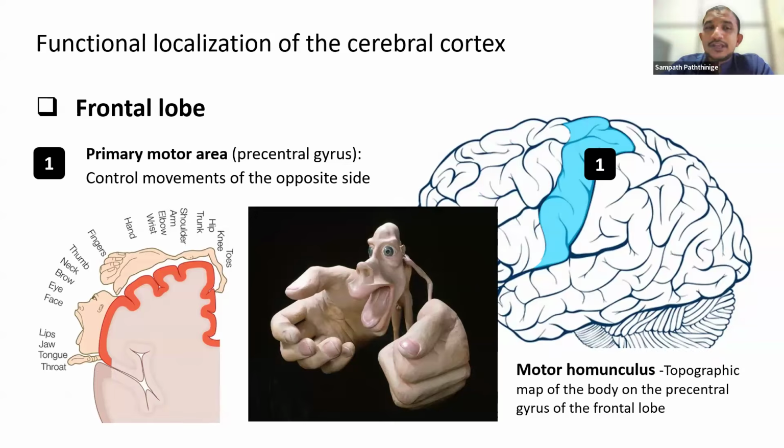An important thing to notice is that the lower limbs are not in the lateral aspect of this cortex. They are towards the medial side. It is like this person is putting his lower limb into the gutter. So the lower limbs are in the medial aspect of the cortex.